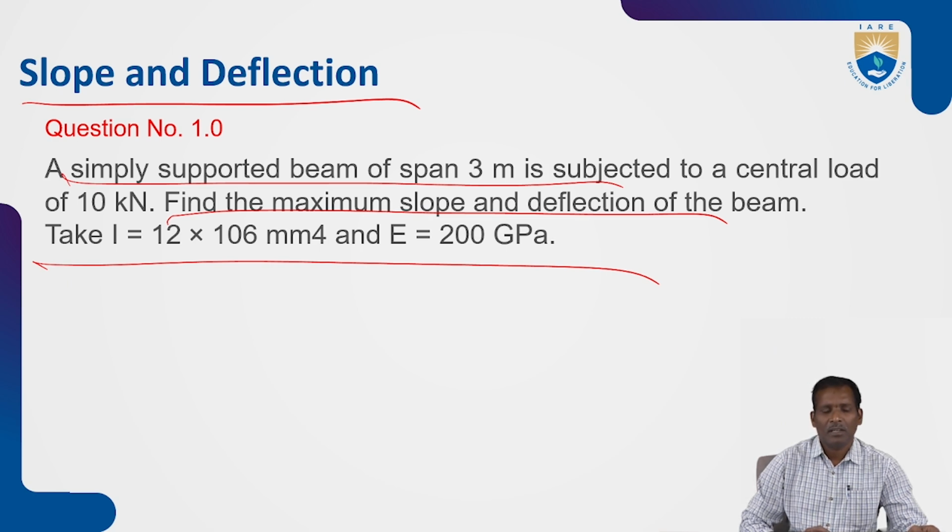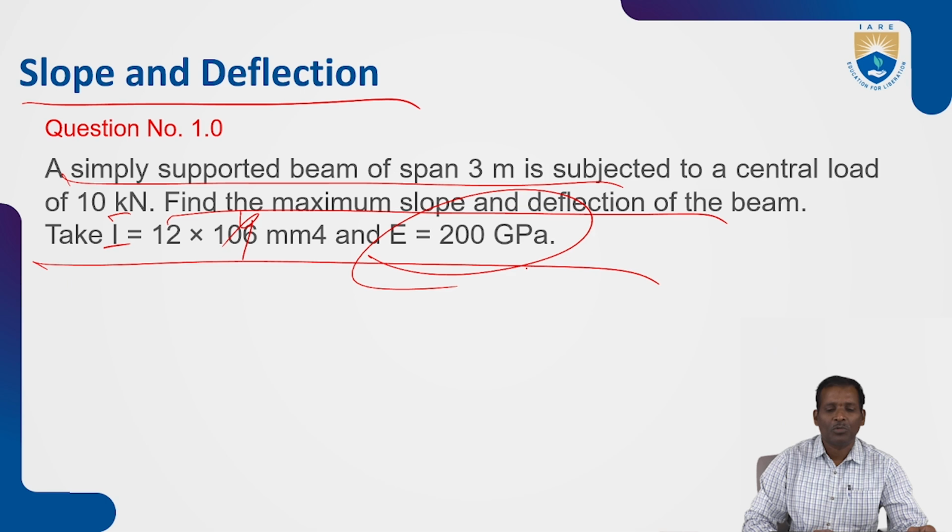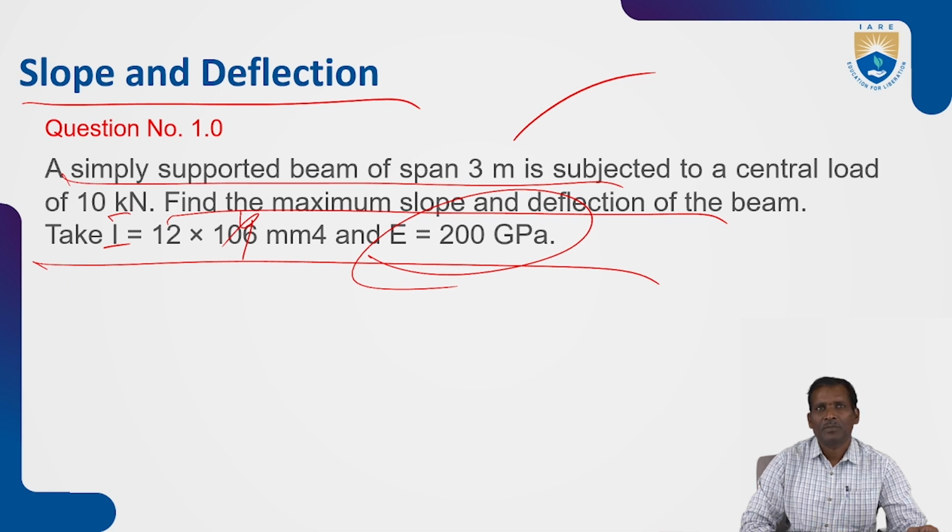Here I is given as 12 into 10 to the power of 6 mm⁴, and E is 200 gigapascal.